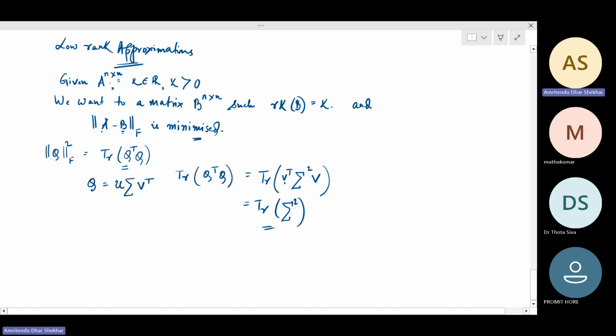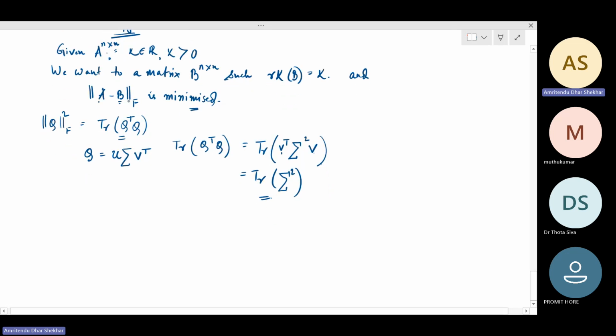Okay. Now, how is this useful over here? So the observation is that if B is closest to A, then U transpose BV is closest to U transpose AV.